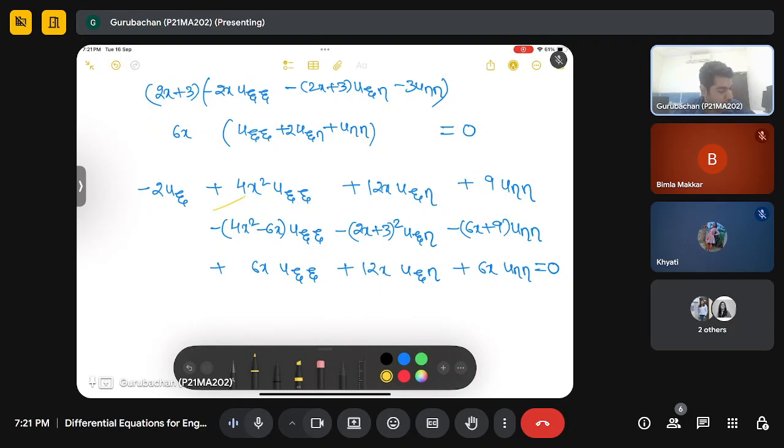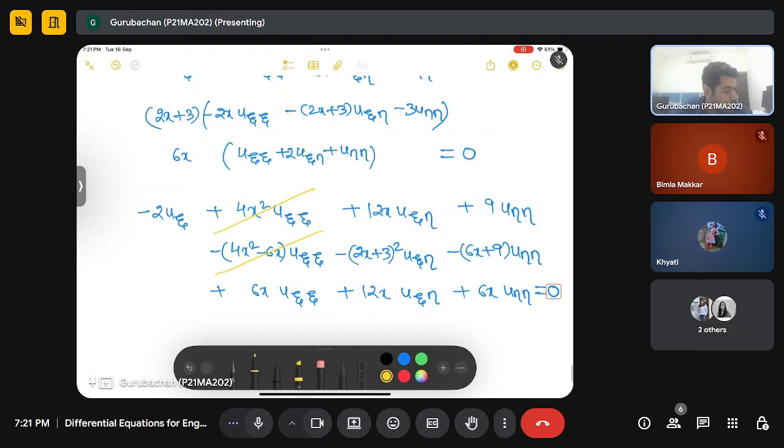If you observe, this factor will cancel out, this will be plus, so I think this will be left. Let me just recheck it. So u_xi xi should cancel out in some sense. So how? Let us see.